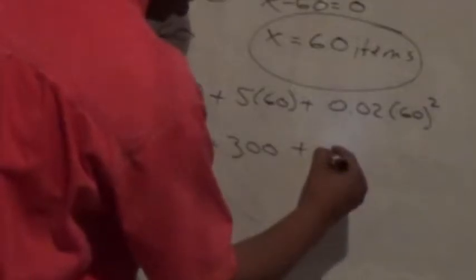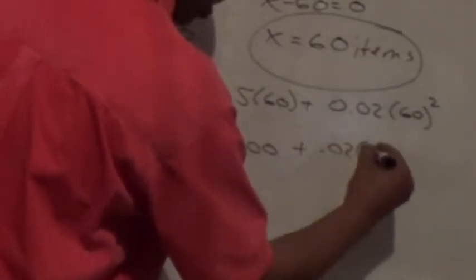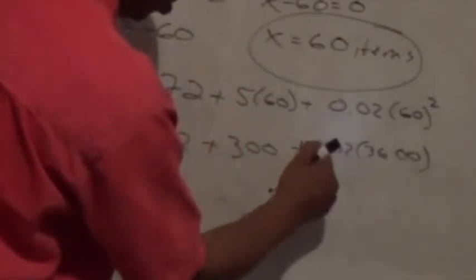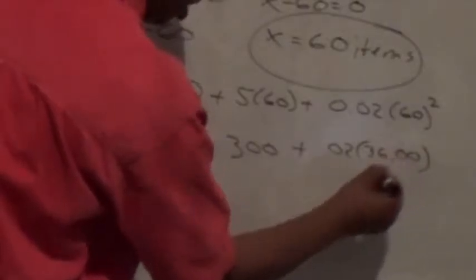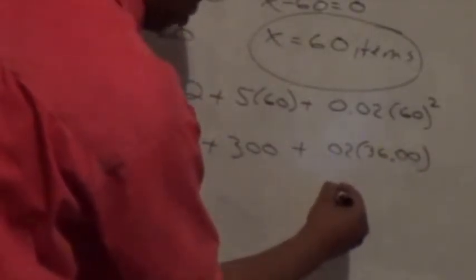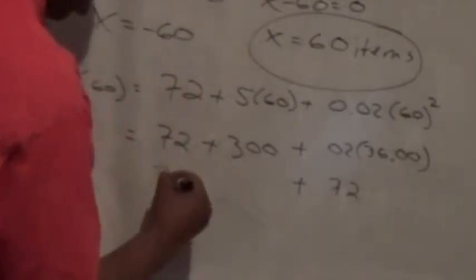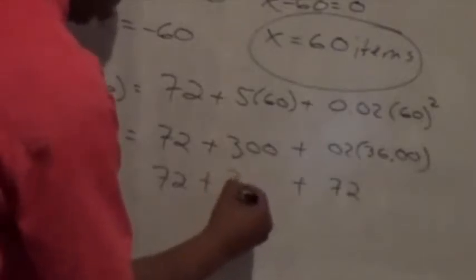This is going to be 0.02 times 3600. Okay, I'm going to reduce my zeros by 2, so that ends up being 2 times 36, and that's going to be 72, plus my other 72, plus my 300.